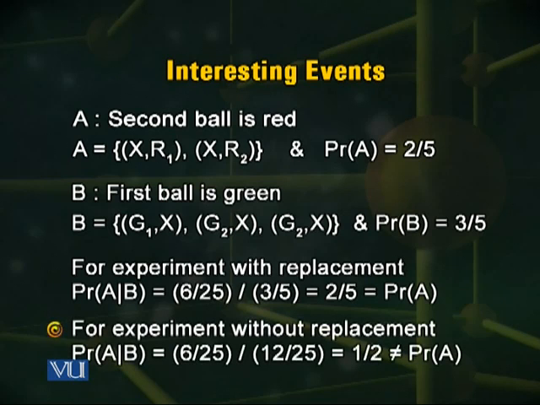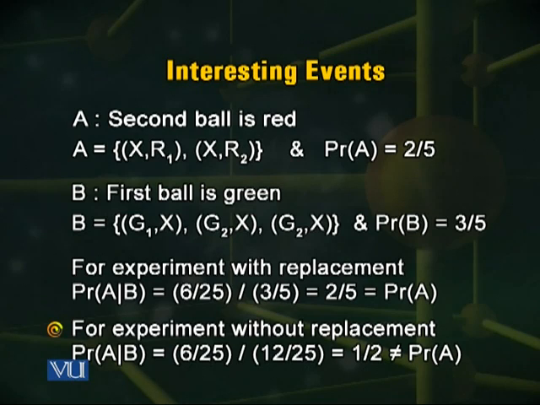But if the experiment was performed using the without replacement methodology, then things will change. Then the probability of the second ball being red given that the first ball was green is half. It's not 2 over 5, it increases to a value of half.